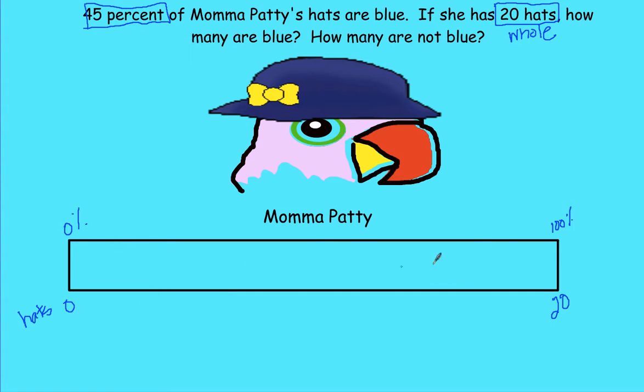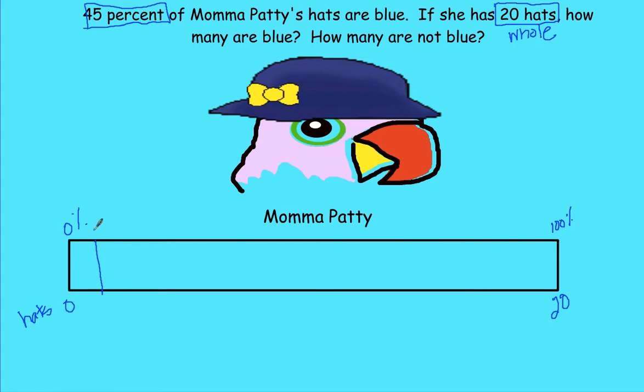So in this case, what we can do is count by fives and get ourselves to 45% up here, and it'll allow us to get to both 20 and 100%.